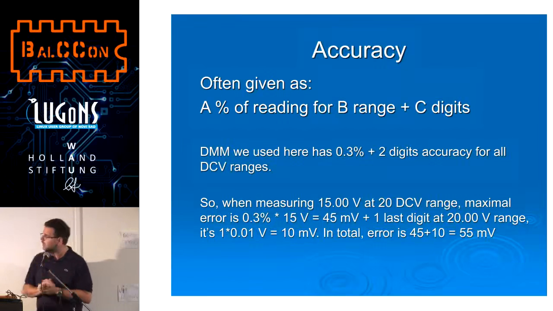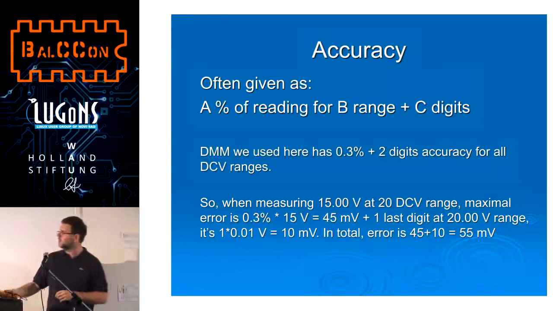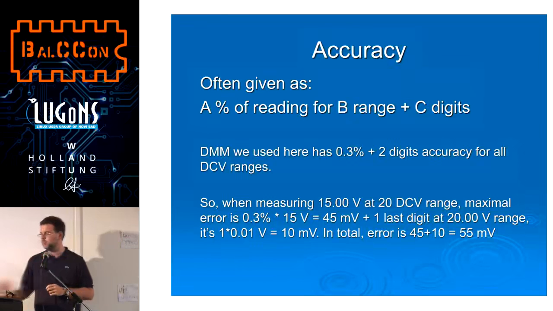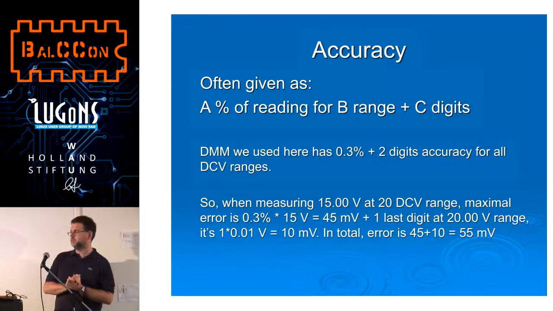What does that mean? This multimeter's data sheet says it has an error of 0.3% plus 2 digits accuracy for all DC ranges. That means if I'm going to measure 15 volts, the maximal error, and it's not always the maximal, that's the worst case, you get 0.3% maximal error, and that's 45 millivolts.